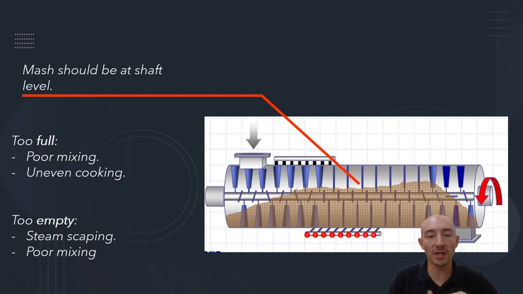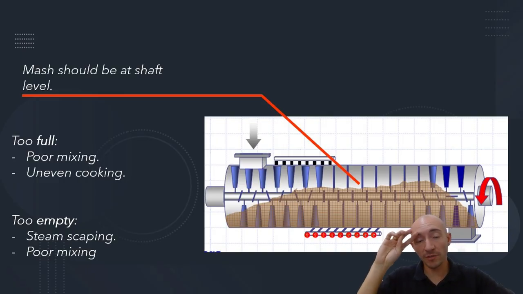Because you're going to start adding steam and you don't have this barrier that is made of material to hold the steam inside the conditioner. Therefore, your steam will start escaping. Okay? You also will have poor mixing, and this is not what we want.